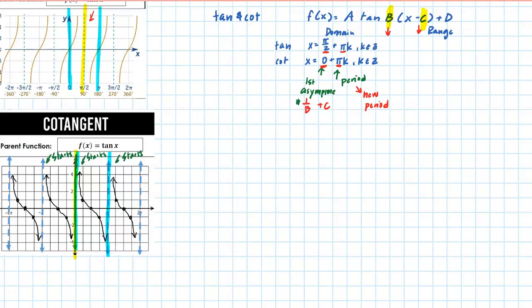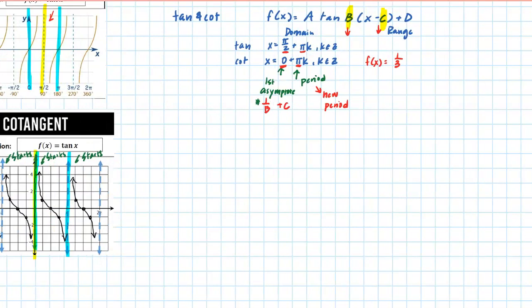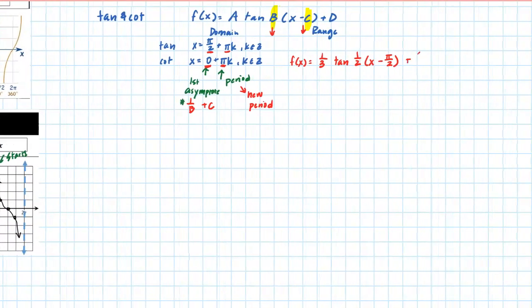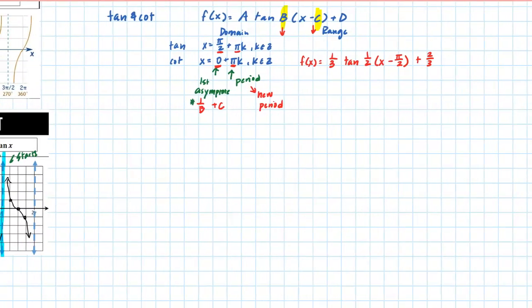So for example, if I had something like f of x equals 1/3 tangent of, I'm going to save some time and make this 1/2 x minus pi over 2 and plus 2/3, something like that.